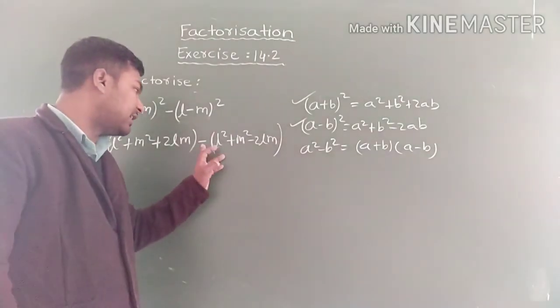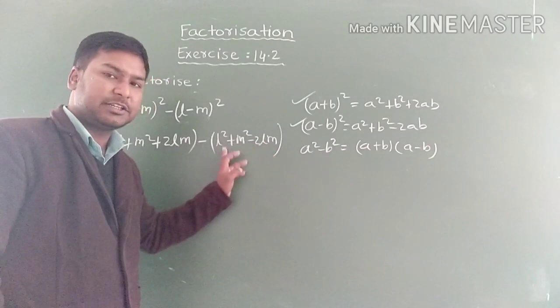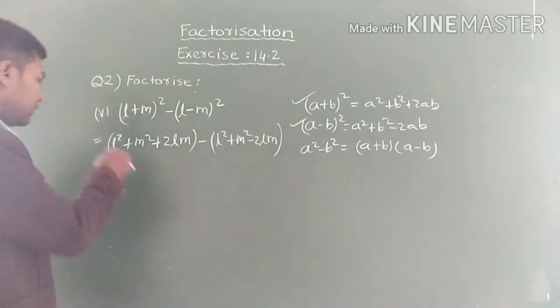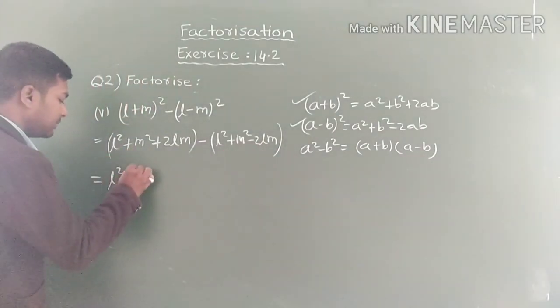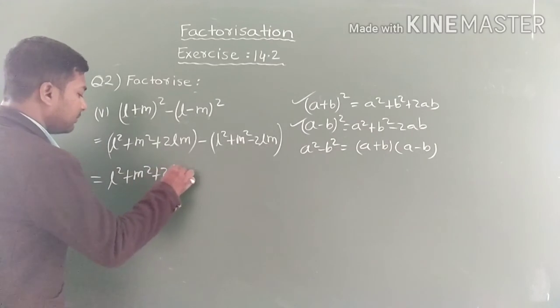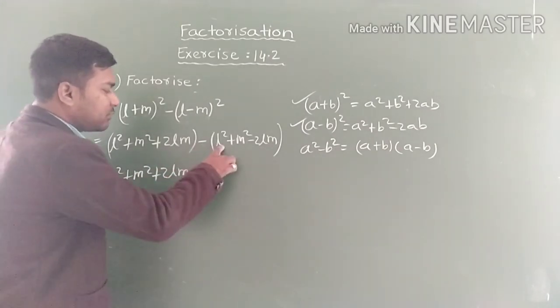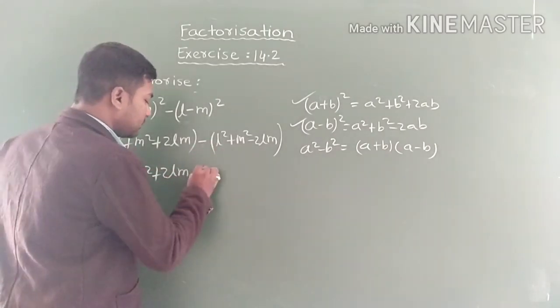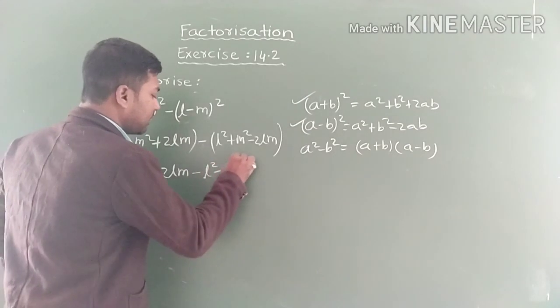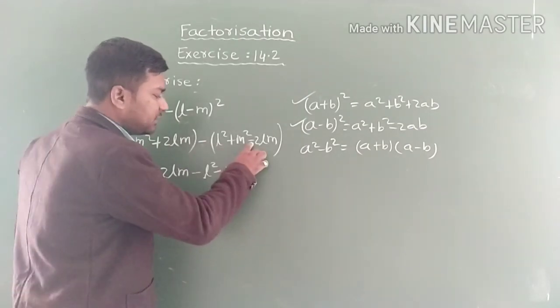The minus sign is multiplied with all three terms. So it will be l square plus n square plus 2ln, minus l square, minus n square, and minus into minus is plus, so plus 2ln.